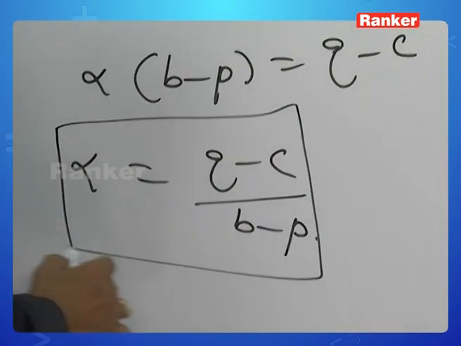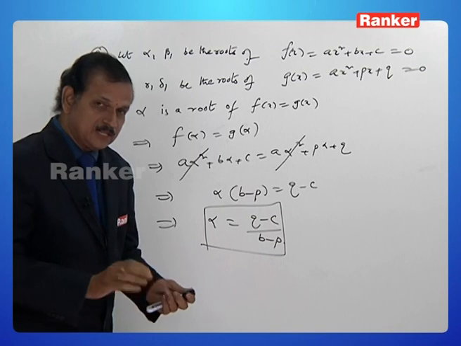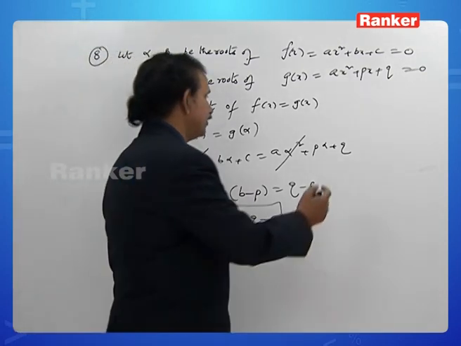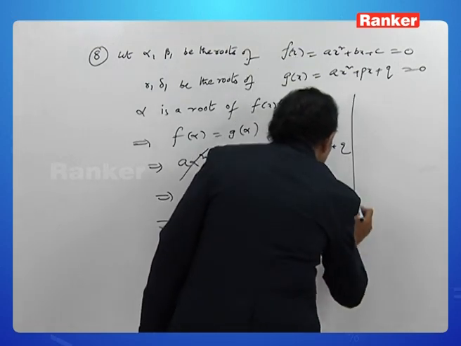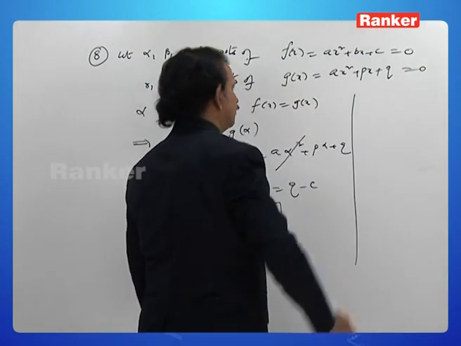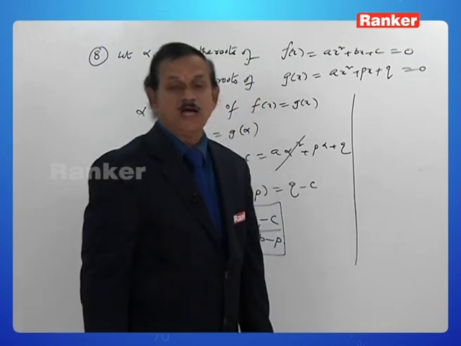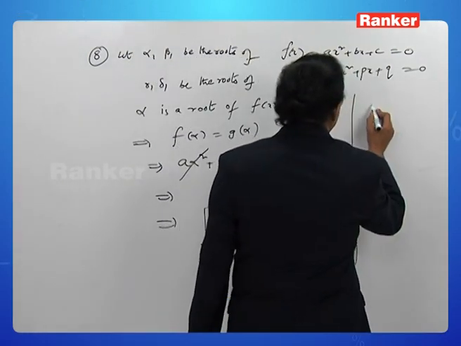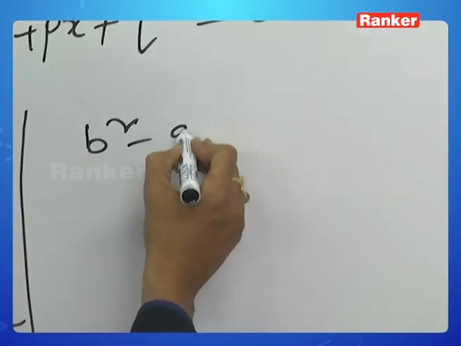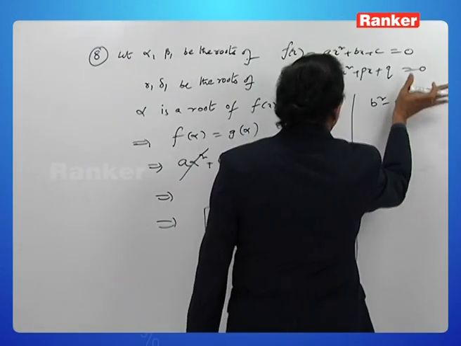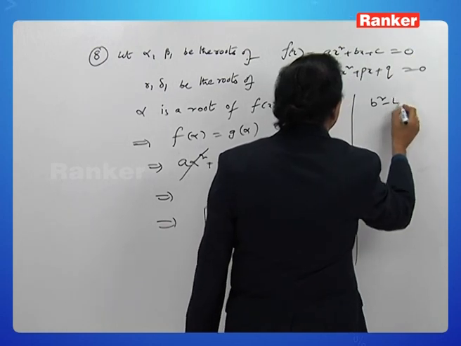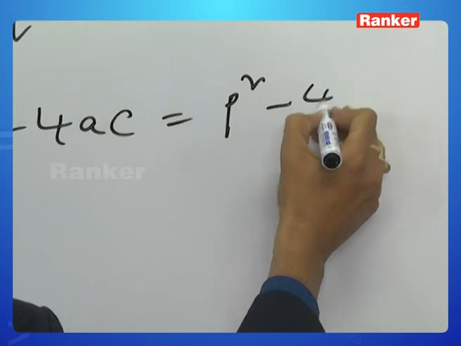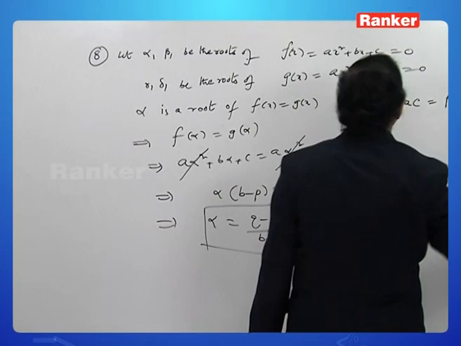You can notice now, still there is another information to be used. What is that information? These two equations f of x equal to 0 and g of x equal to 0 have same discriminants. What is the discriminant of the first one? B square minus 4ac is equal to p square minus 4aq.